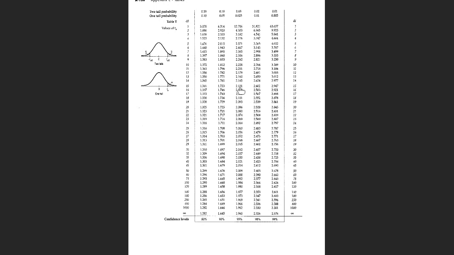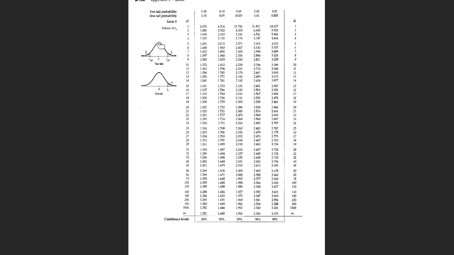This is a way you can do it, or you can do it in StatCrunch, either one. If you look at the z-score ones, notice as sample size increases, these keep getting smaller and smaller. In fact, as it goes to infinity, it becomes exactly the same as the normal distribution. 1.96 would be our z multiplier.